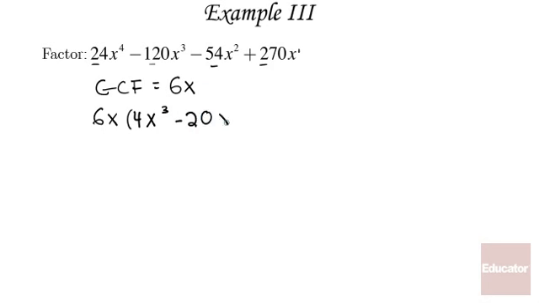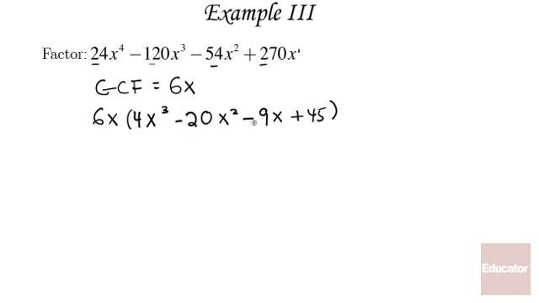And then I pulled out an x, so I have an x squared left behind. 54, I've pulled out a 6, that's going to leave me with 9. And I've pulled an x out, so 9x. And then actually 45 times 6 is 270. So there I have a 45 left, and then I've already taken out my x. So this is what's left behind.